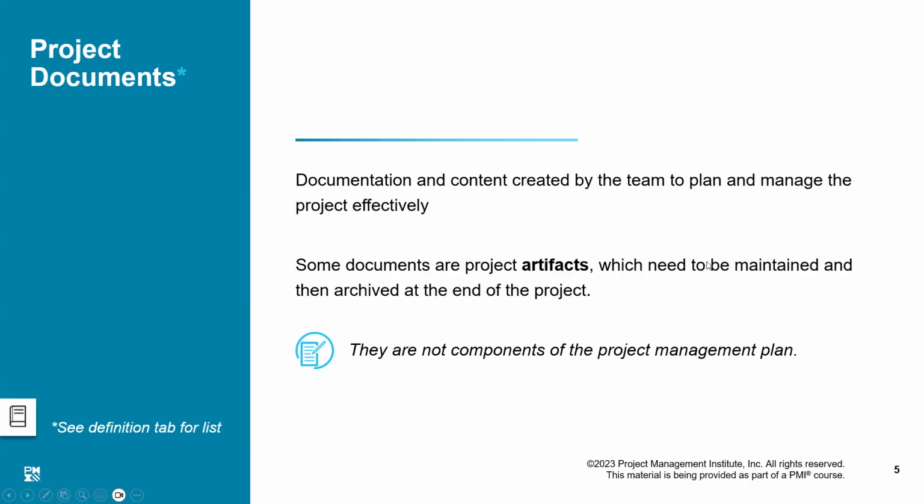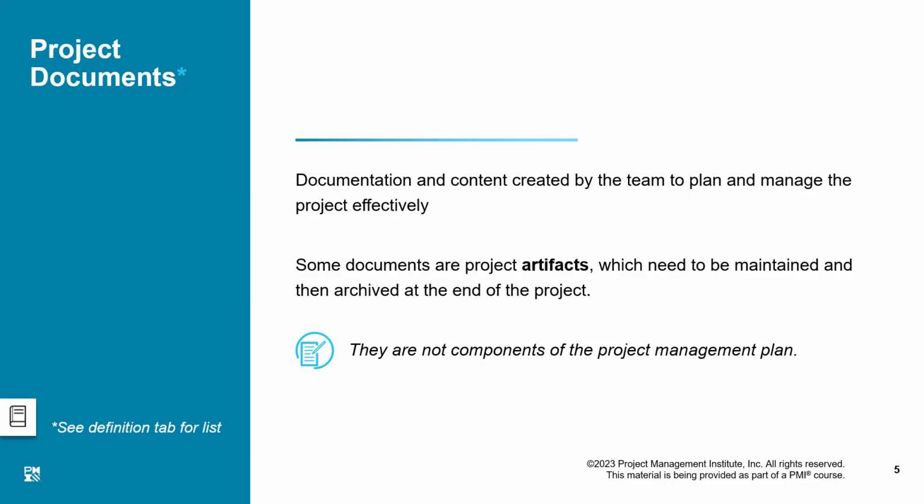By configuration management, by allocating version numbers and keeping a history of that. That is the job of configuration management. And how do we archive at the end of the project? We submit all of these documents to the organizational archive where they are stored for future reference for projects in future.